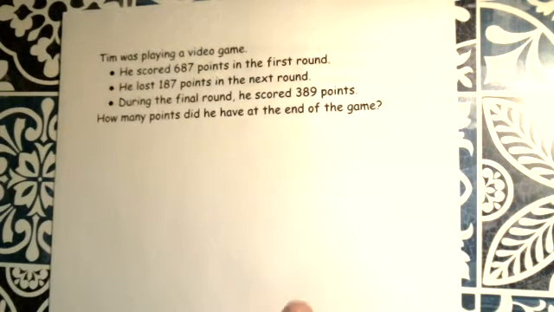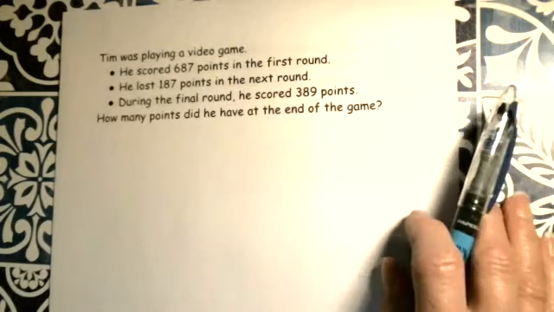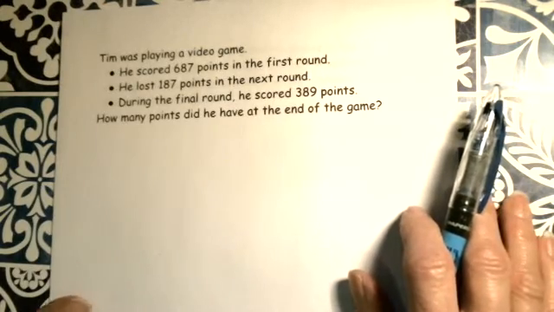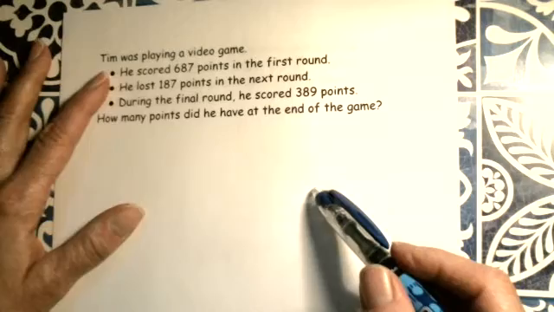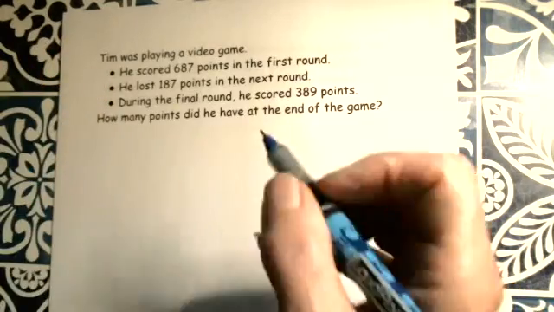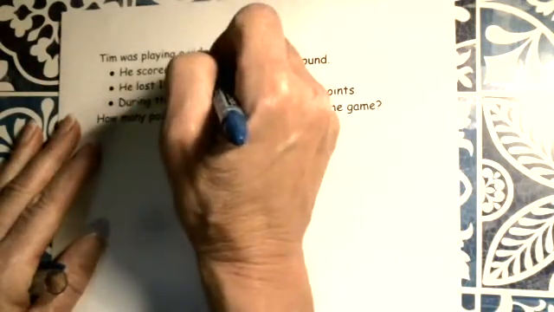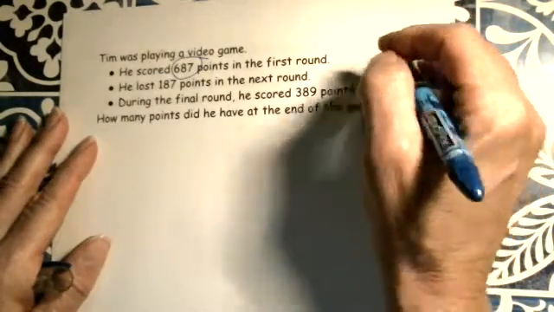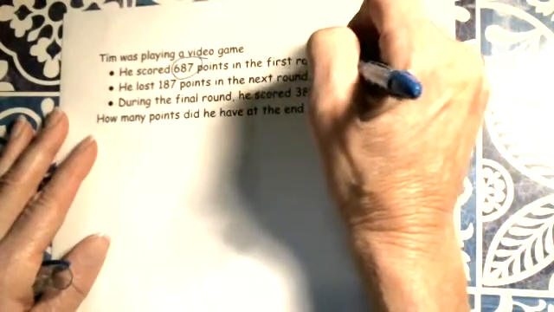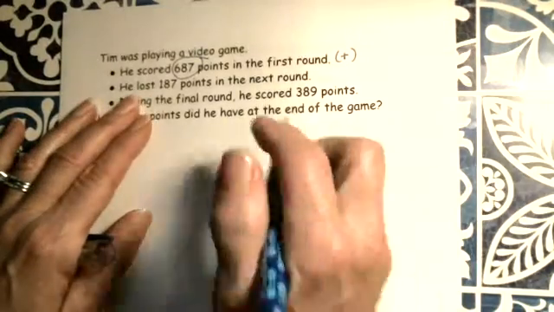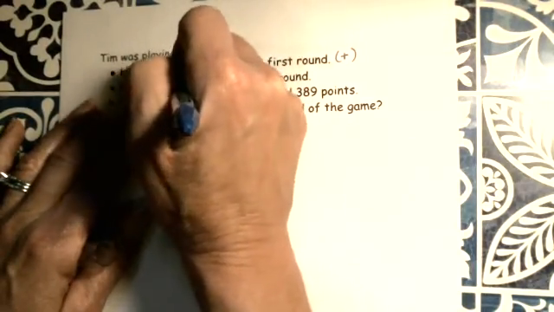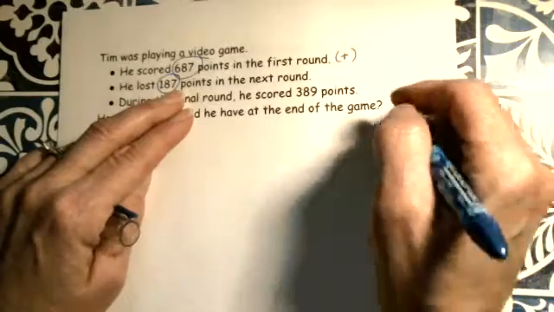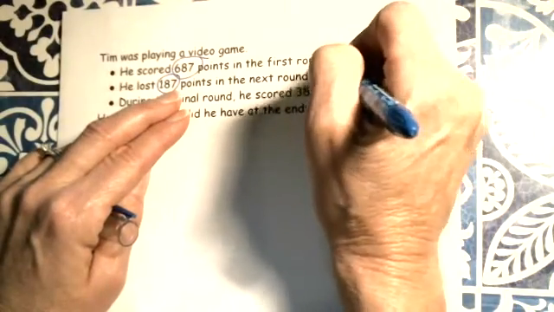Now I'm going to reread and visualize what's happening in this word problem. Tim was playing a video game. He scored 687 points in the first round. He scored, that means that would be a plus. He lost 187 points in the next round.